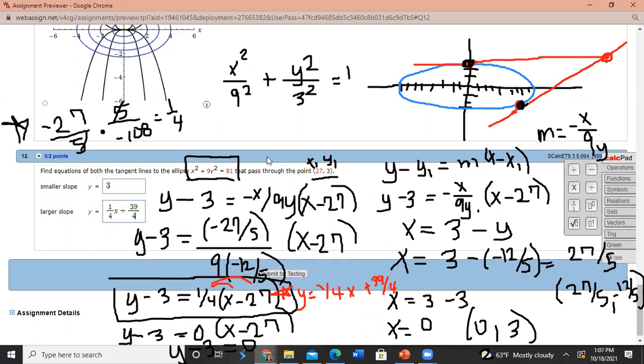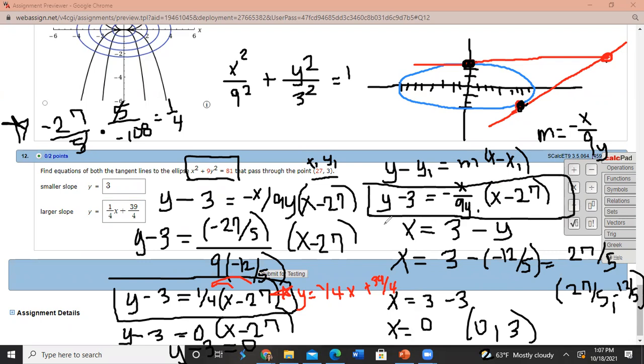Okay, so hopefully that made sense. I know, again, that was a lot. Just to recap, if we go back and backtrack, first we used implicit differentiation. Then we tried to write an equation for the line that has a point that is tangent to the ellipse. There's 2 of them, and then it goes all the way over here. So we don't really know what the slope is yet.